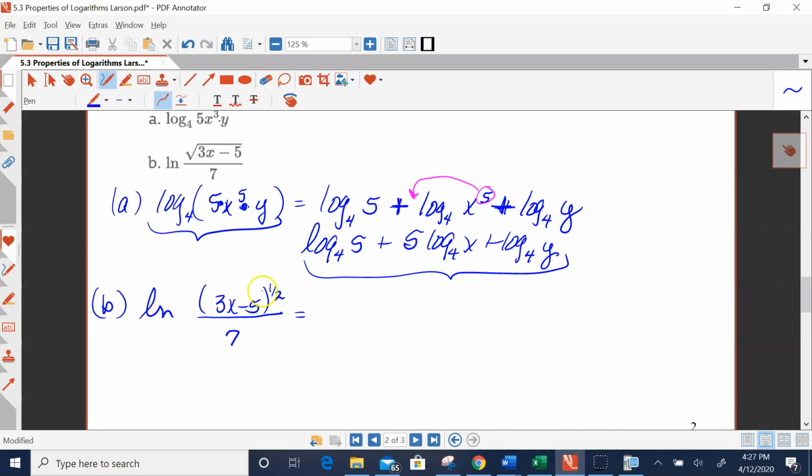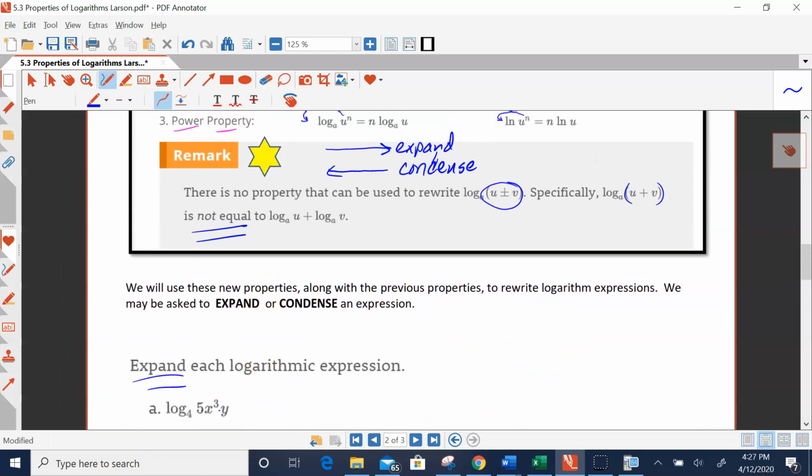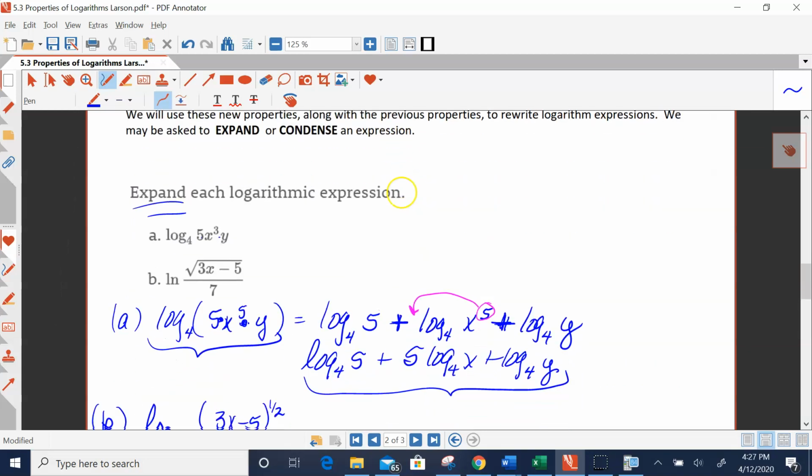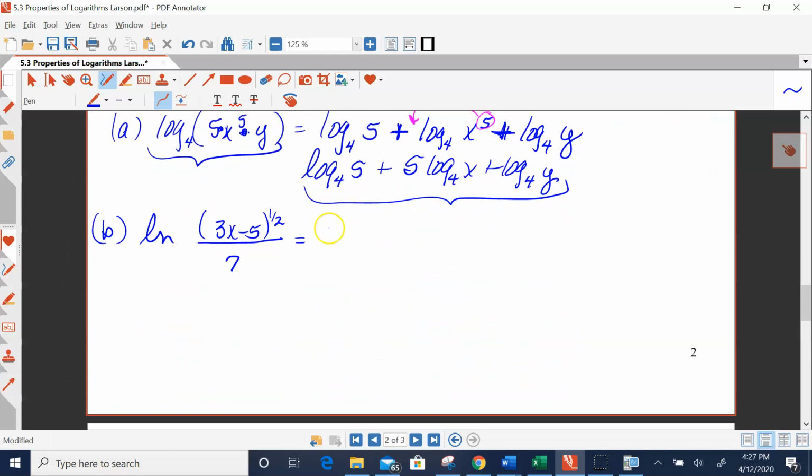So I have the log of two quantities that are divided. And if I have quantities that are divided, I'm going to split those up with subtraction. So I'm going to have the log of the top minus the log of the bottom. So I've split up that division with subtraction.